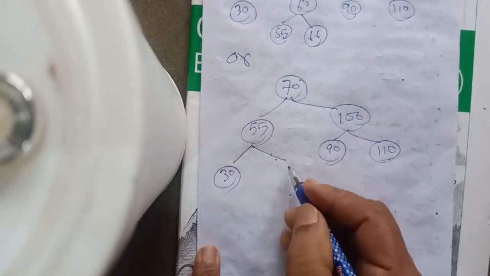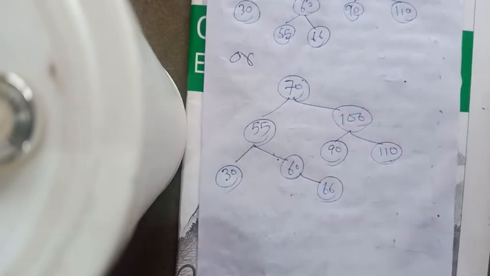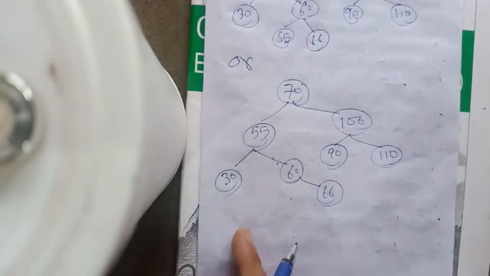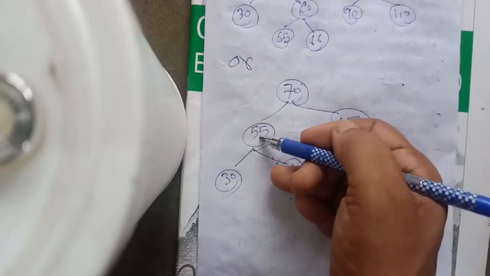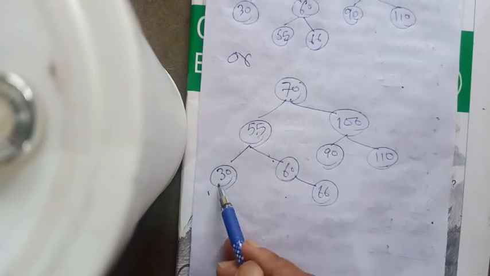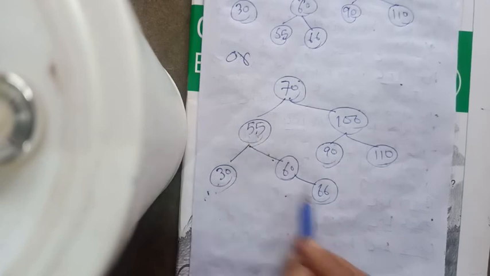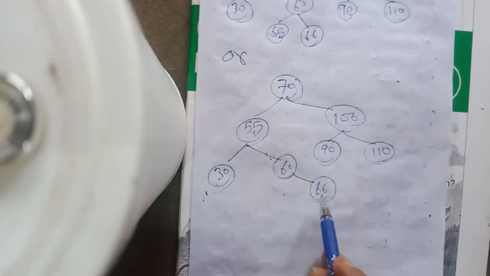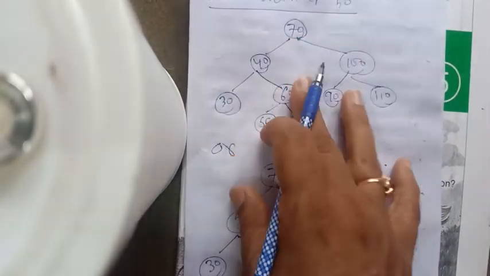Right of 55 is 60 and this is 66. Now 55, which was earlier in the right subtree, is copied in place of 50. All the data in the left of 55, that is 30, are less than 55, and all the data in the right of 55, 60 and 66, are greater than 55. So this is also a binary search tree.